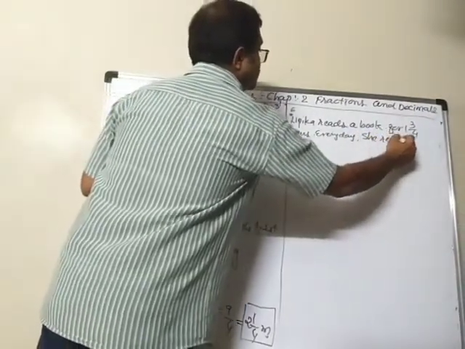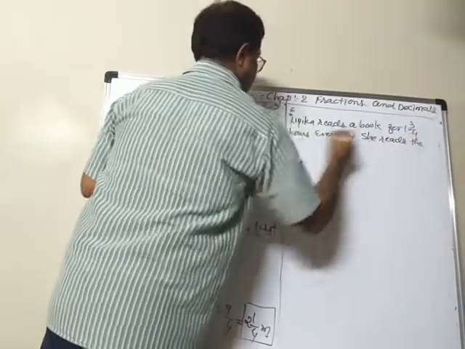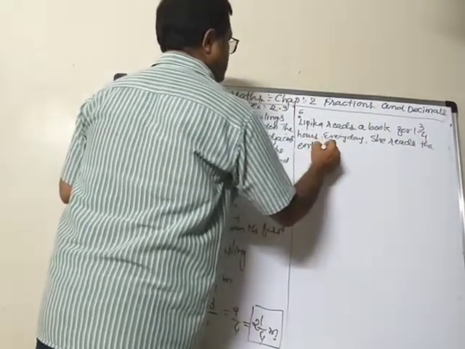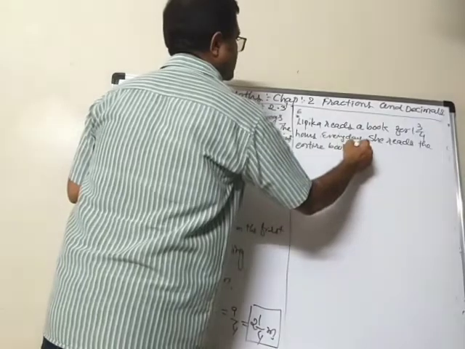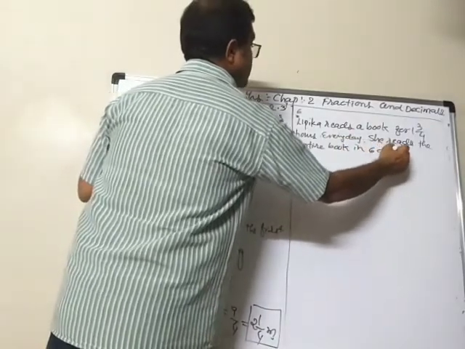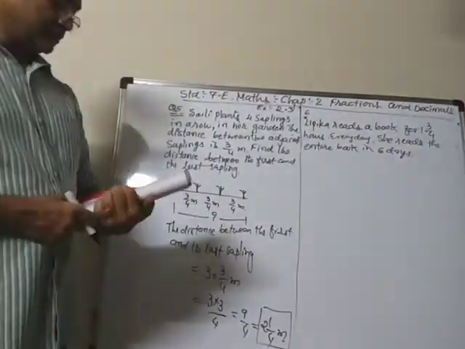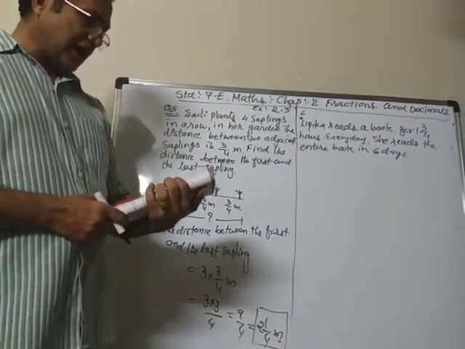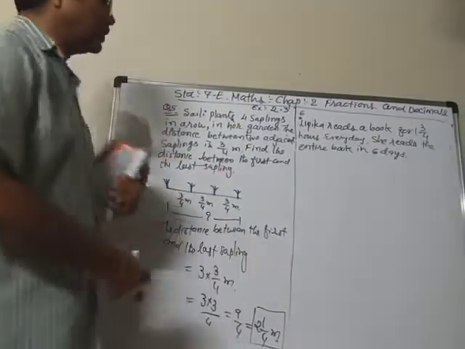She reads the entire book in 6 days. Then, what do we have to find?